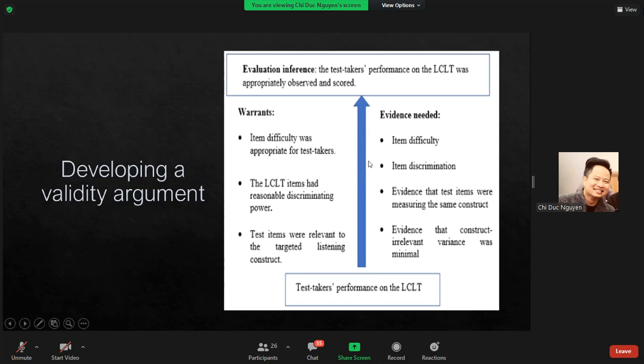Yeah. So now, what about the second one? Have you ever heard of the phrase discriminating power? Have you ever heard about this phrase before? Discrimination power. And what does this mean?